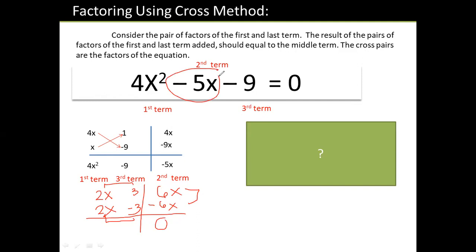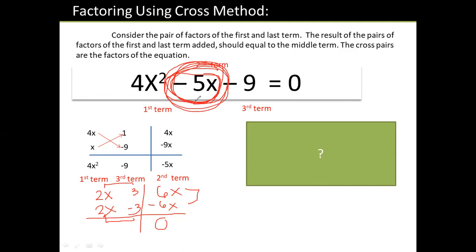Remember, you can do many factors, but there is only one pair that will give you the answer of the second term. Okay? So you cannot just use any pair of factors because, again, you need to get the second term. All right?